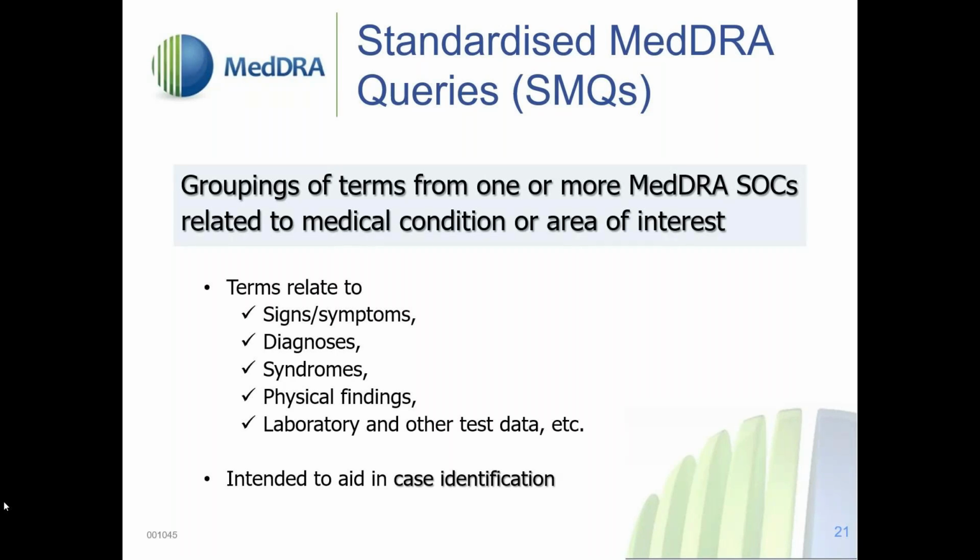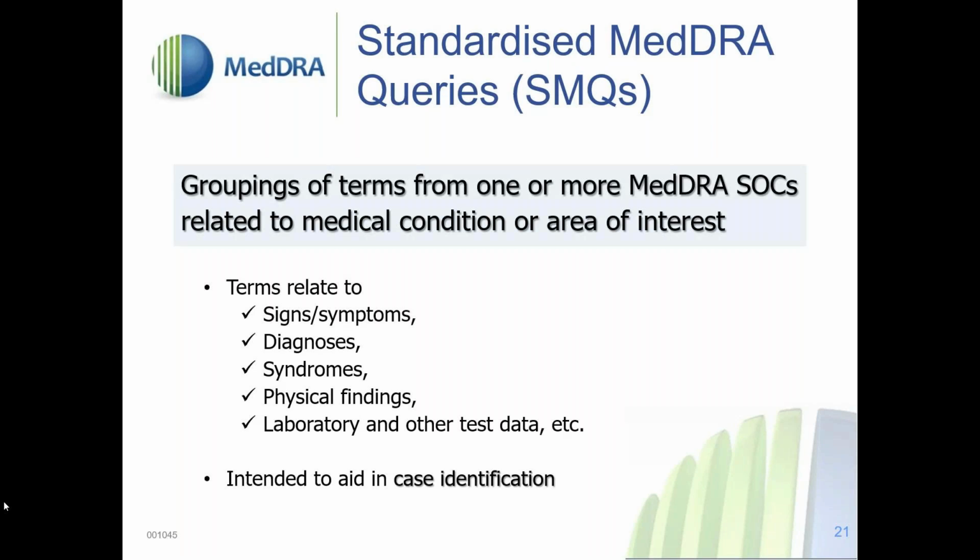With these SMQs, these standardized MedDRA queries, industry and regulators can perform searches for a specific condition in the same way. And this allows for a valid comparison of drug safety findings between different databases and also for different products. And like any other query, the SMQs present a grouping of terms from one or more MedDRA SOCs related to a medical condition or area of interest.